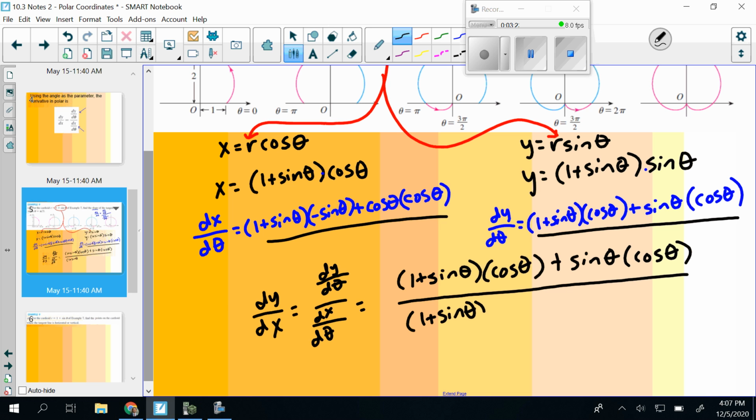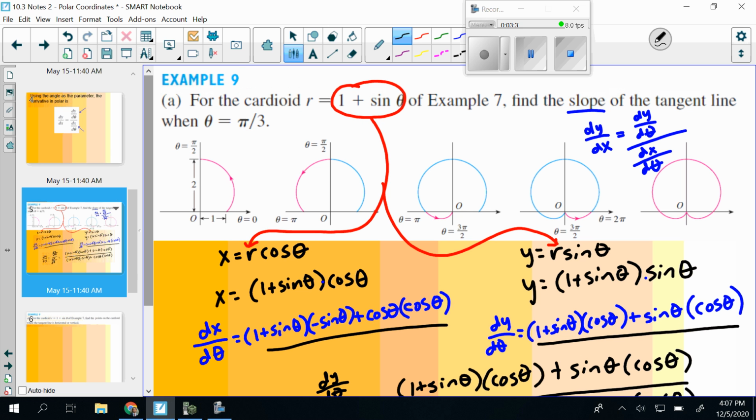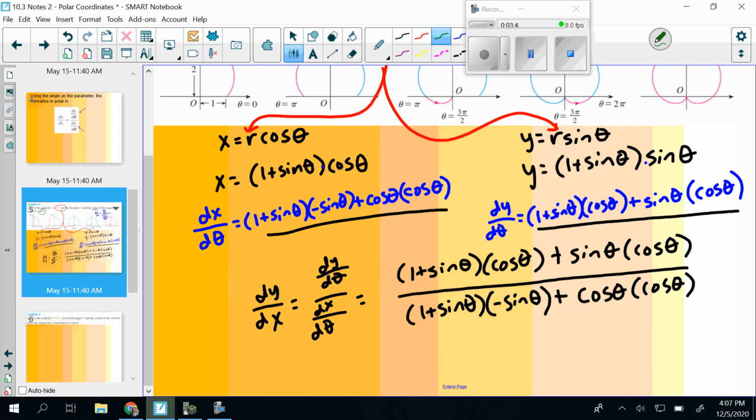Now what they want us to do is find what this is going to be equal to when the angle is pi over 3. So everywhere we have a theta now, we want to plug in pi over 3.